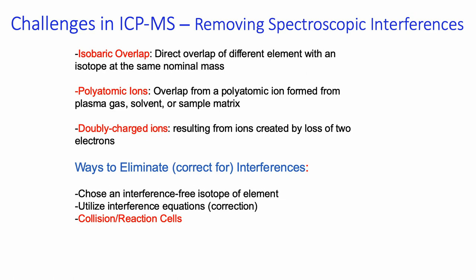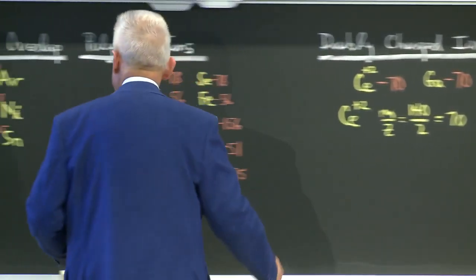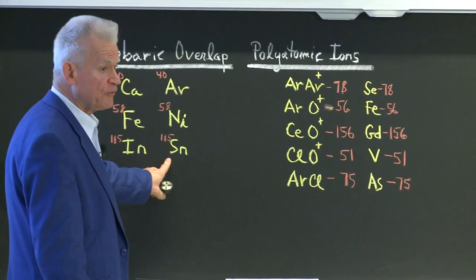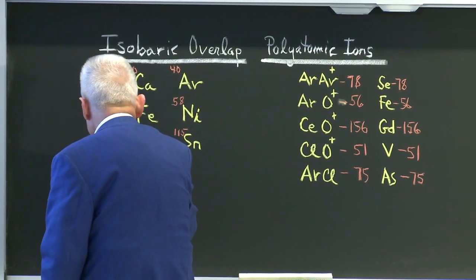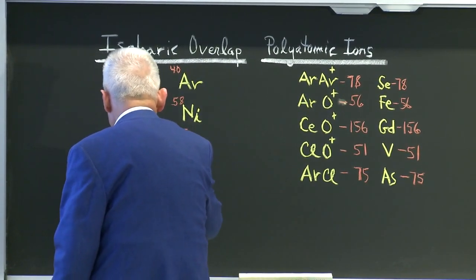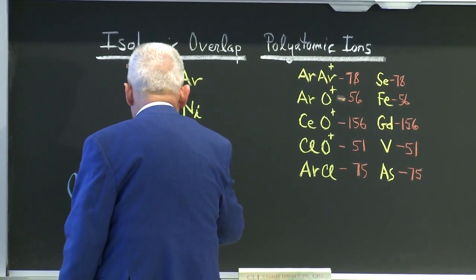The only problem is indium 115 doesn't have any interference-free isotopes. They all overlap with something. So what we have to do is type an equation into the mass spectrometer to take care of that. And the main interferent is tin 115. So the equation is pretty simple. We take the counts per second of indium that we want to find.